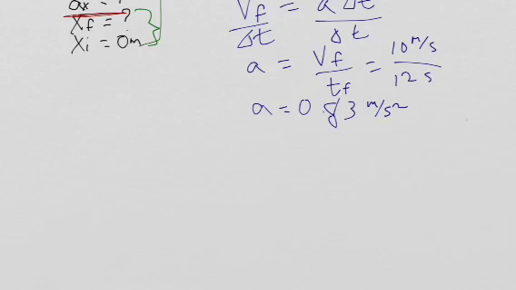Now that we have our acceleration of 0.83 meters per second squared, we can plug that in. That becomes one of our usable variables along with everything else in our list. So think about which of the formulas you would use in order to calculate final displacement, or X_F.